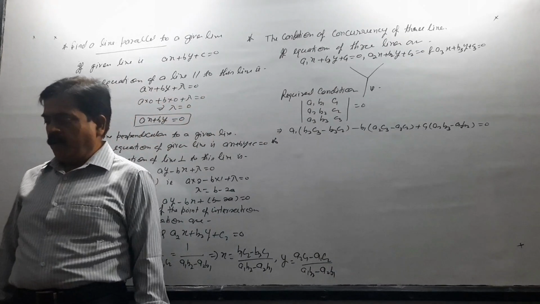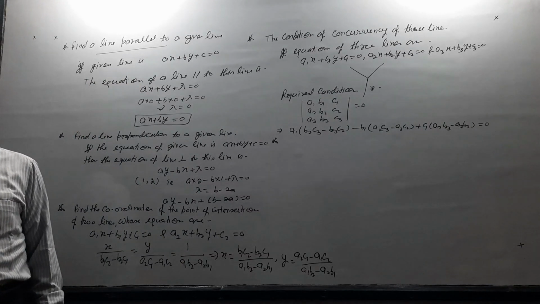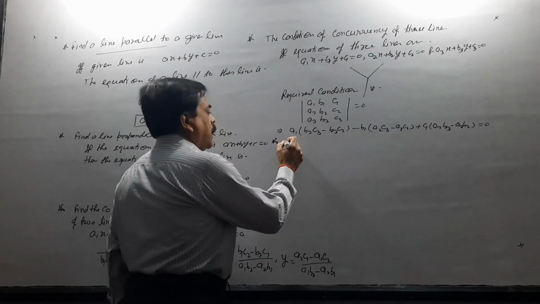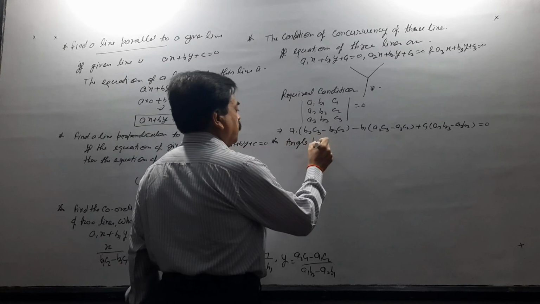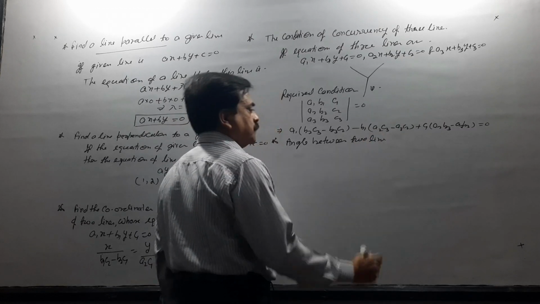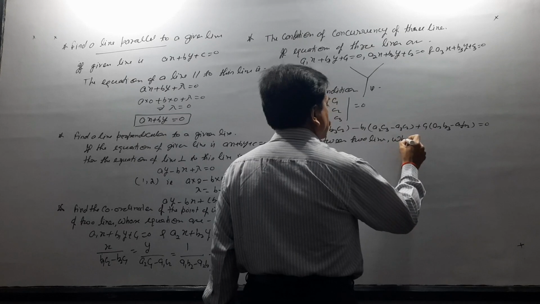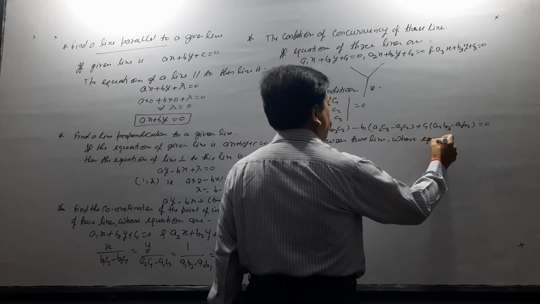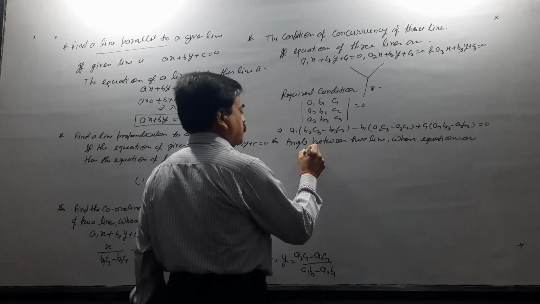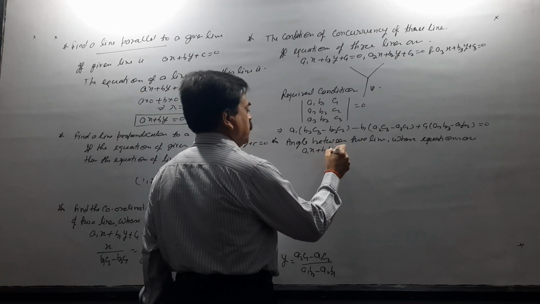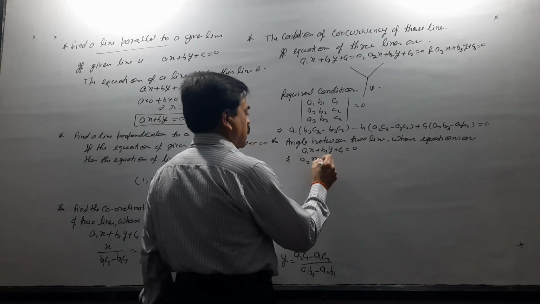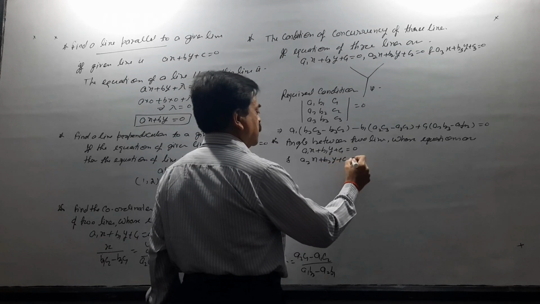Next, angle between two lines whose equations are a1x plus b1y plus c1 is equal to 0 and a2x plus b2y plus c2 equals to 0.